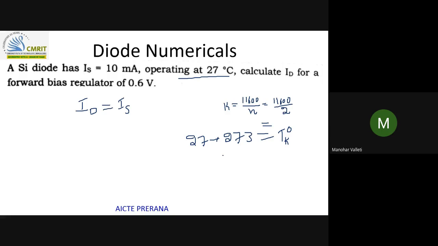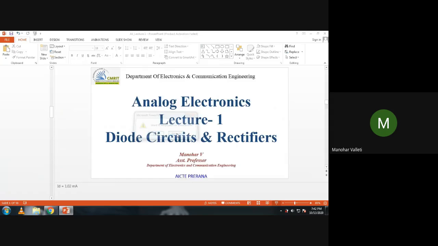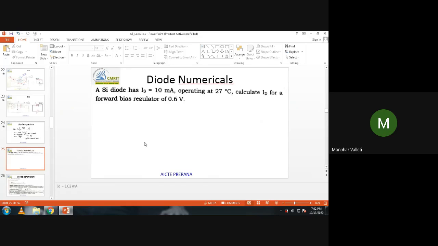How much? 1.09 kiloamps? Yeah, 1.09 kilo milliamps, right? 1.02 milliamps. I_D equal to 1.02 milliamps we will get.